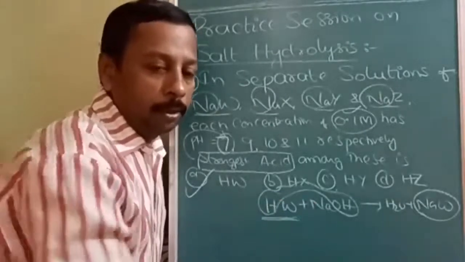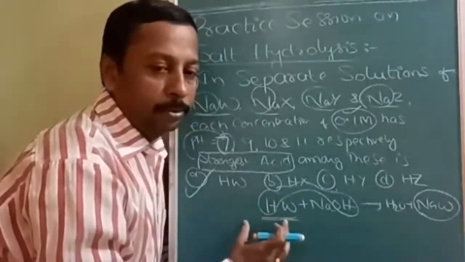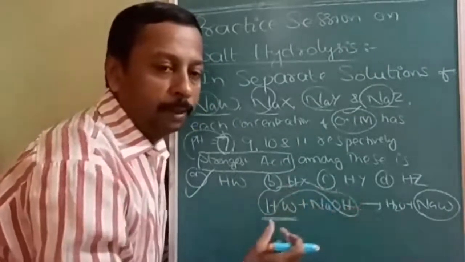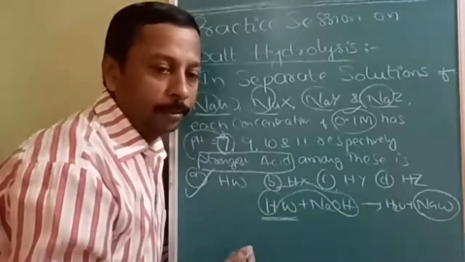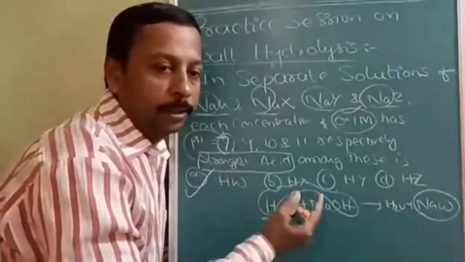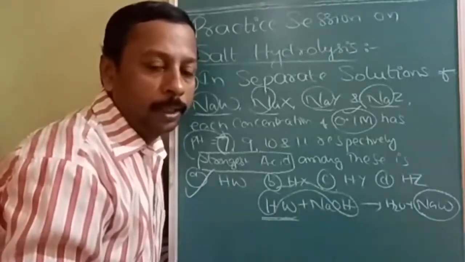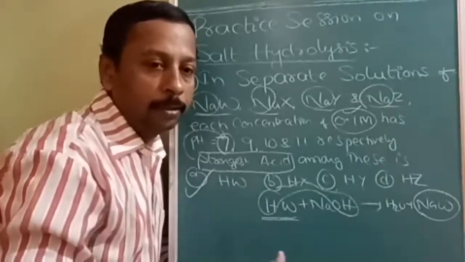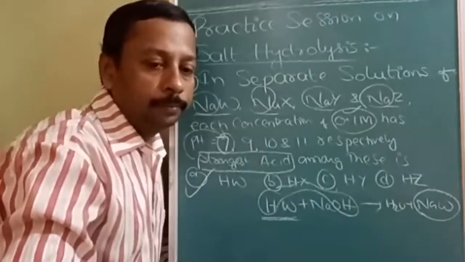Understood? So this is the daughter or son, and these are the parents. Some characteristics will be from the father, some from the mother. So pH means acid, and pOH will come from the base. Both characteristics will be there in a salt. So the answer A is correct.